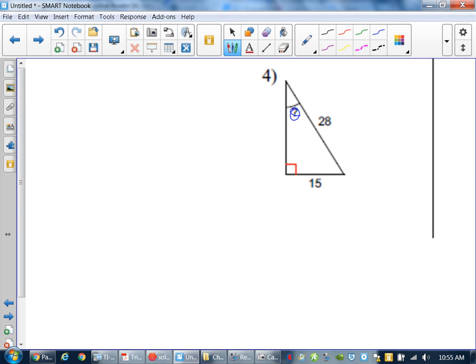There's your opposite, which makes the 28 a hypotenuse. Good. Now you can pick your trig. Which trig are you going to use? Sine, cosine, or tangent? Write it out. The sine of something, I don't know what that is, but I'm going to find it, is 15 over 28.